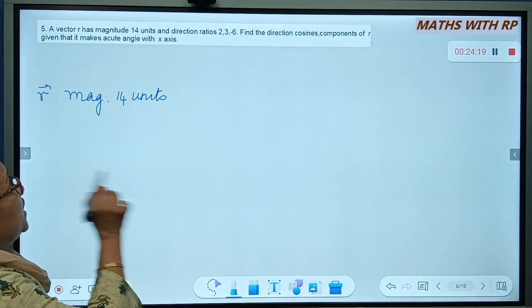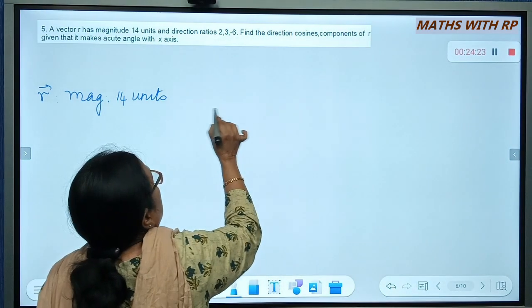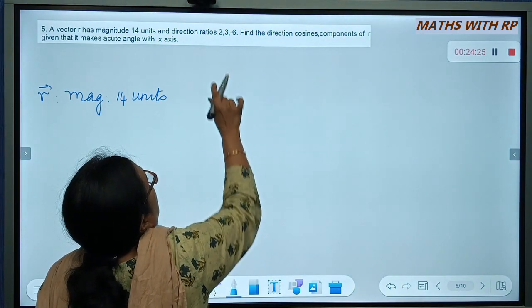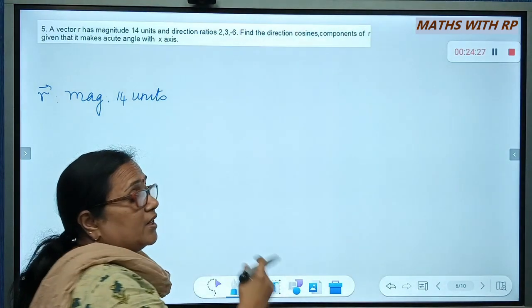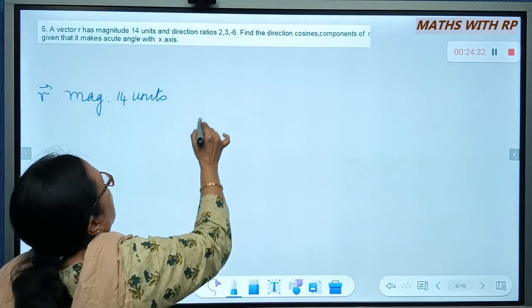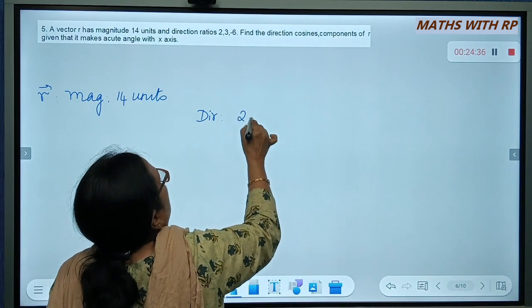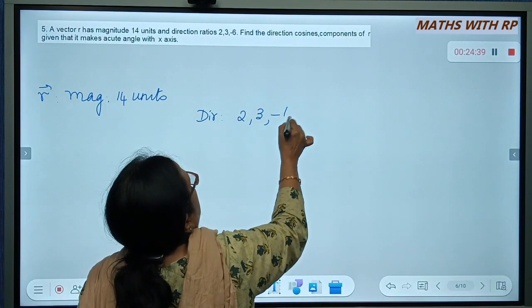The direction ratios are given. You must understand that if the direction ratios are given, it is only a ratio. So, the actual value can be a multiple of that. So, the direction ratios are 2, 3, minus 6.